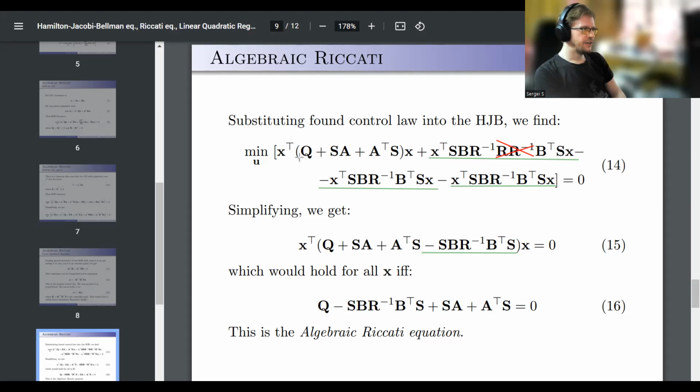Everything else that remains is this quadratic form with respect to x. So we put x out of the brackets, and that's what we get. We have Q plus C A plus A transpose C minus C B R inverse B transpose C. And this would hold for all x only if this matrix is equal to 0.